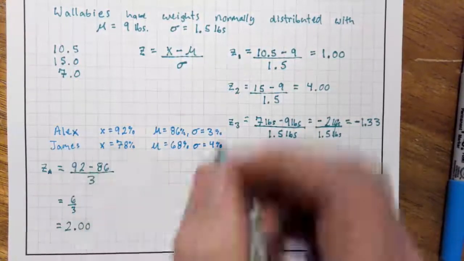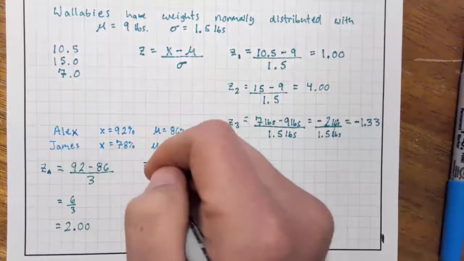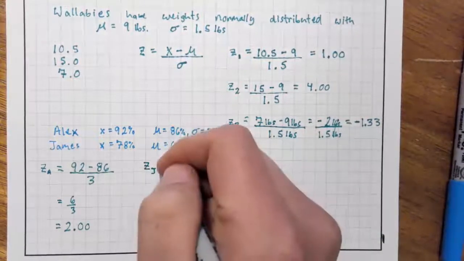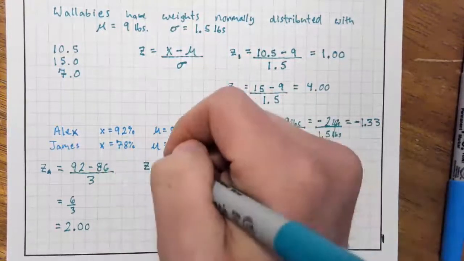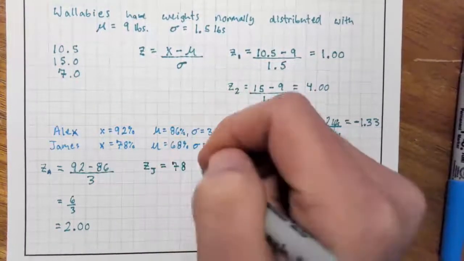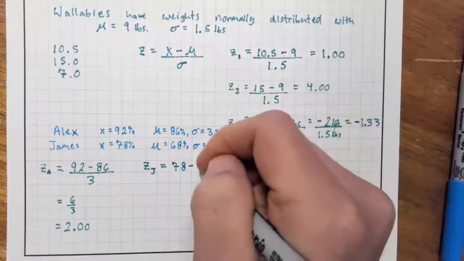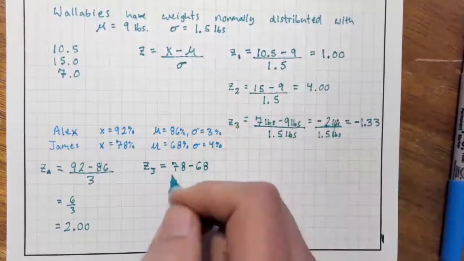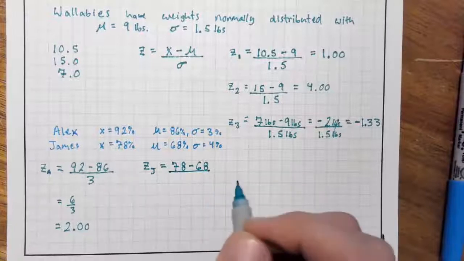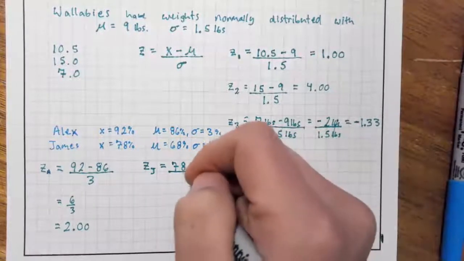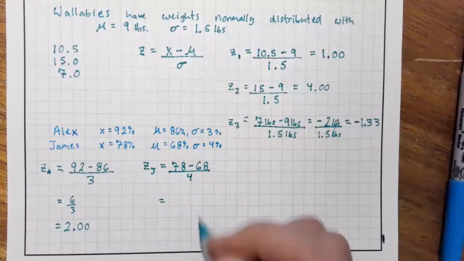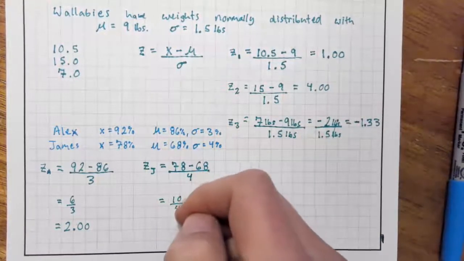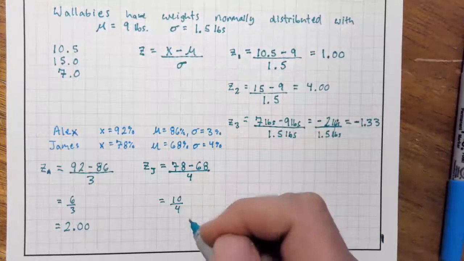Now let's do James. So the z-score for James, so I'll do z with a little j down there. The z-score for James. So he got a 78%. We'll subtract his class average of a 68 and divide that by the standard deviation of 4%. Start working through this. 78 minus 68 gives you 10. Still need to divide by 4, the standard deviation.